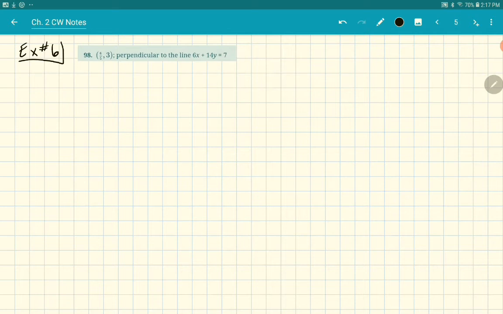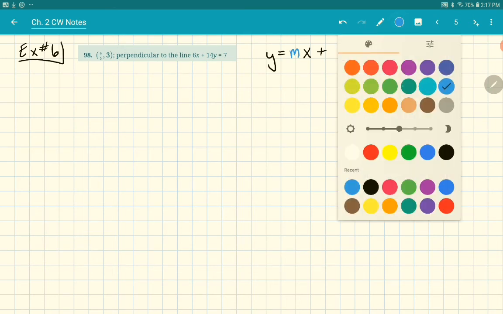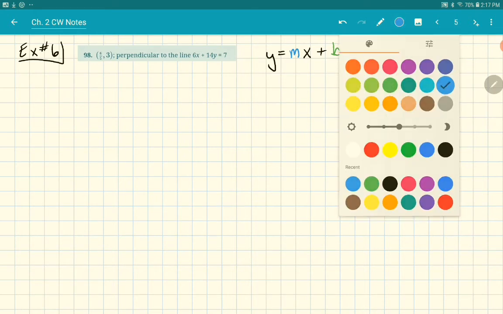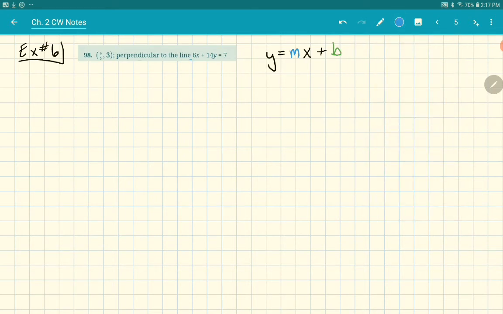So remember our y equals mx plus b line. All we're looking for is the m and the b. I'm given a line that is perpendicular. So I get the slope from the fact that it's perpendicular to this line, and I'll find the b using the point after I get the slope. So first things first, let's get the slope.